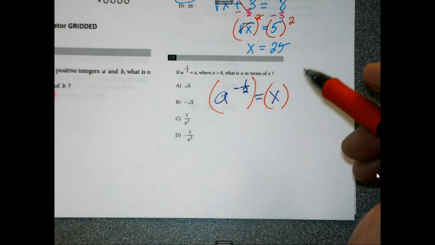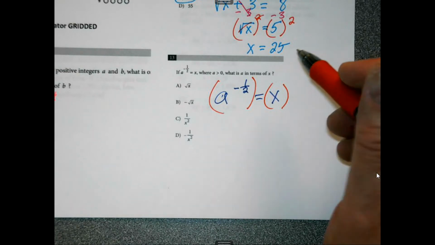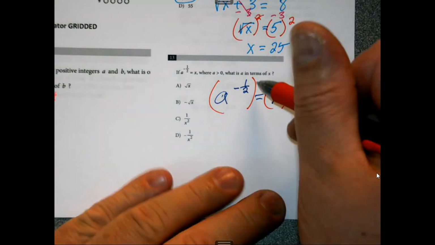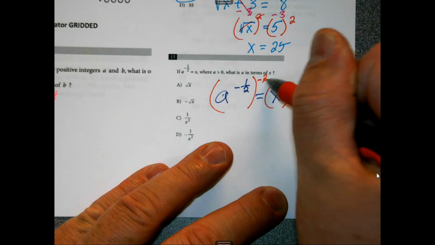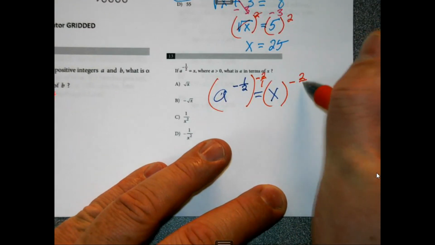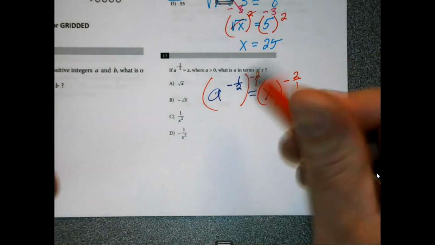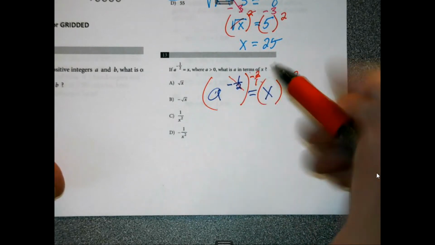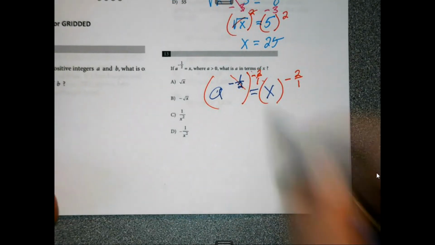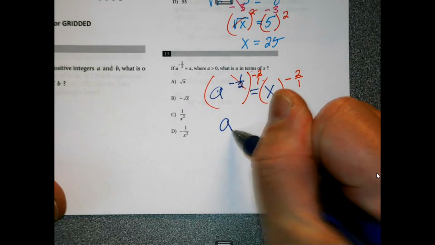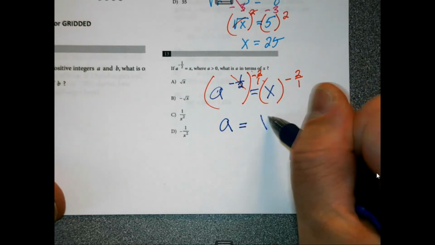How do we get rid of fractions? Multiply by the reciprocal, so negative 2 over 1. Now remember, this is an exponent though. Cancel this out, I get my a to the first, or just a. But here I get x to the negative 2.